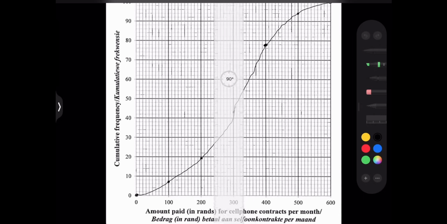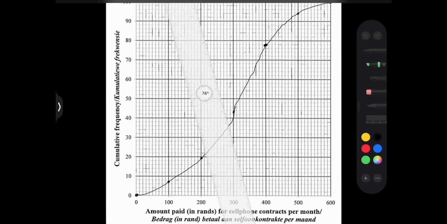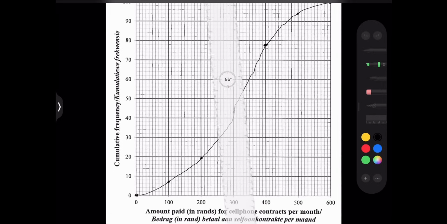So there's my 420 mark there, so it's that value there on the graph. So that value is associated with 70 something.